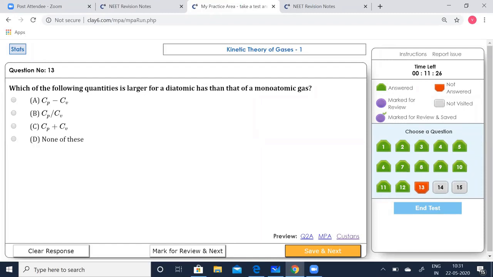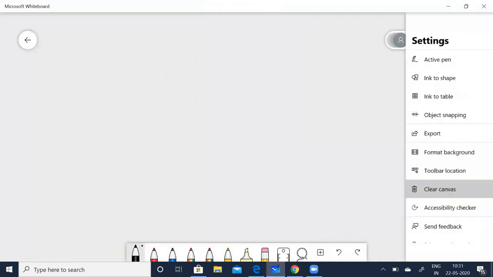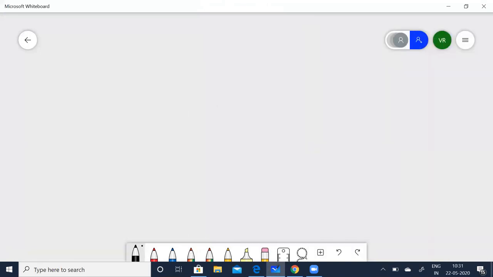Which of the following quantities is larger for a diatomic gas than that of a monatomic gas? Let's quickly solve that. For a diatomic gas, Cp is equal to 7/2R and Cv is equal to 5/2R. So remember, children, you'll have to remember all this.